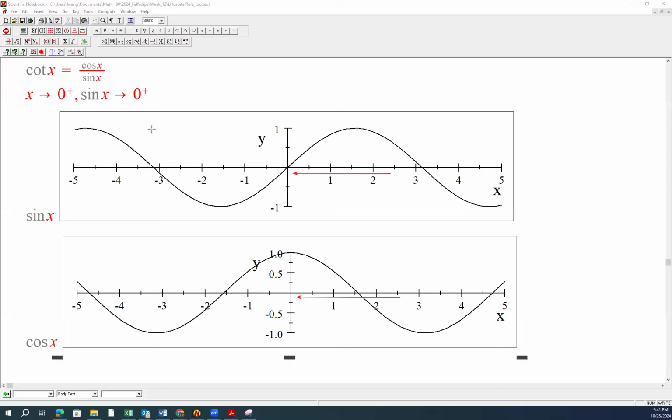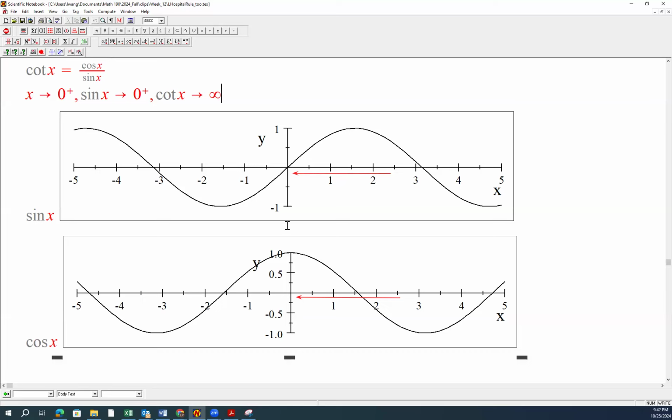The numerator is positive, the denominator is positive. So when x is approaching 0 from larger than 0, cotangent approaches positive infinity.